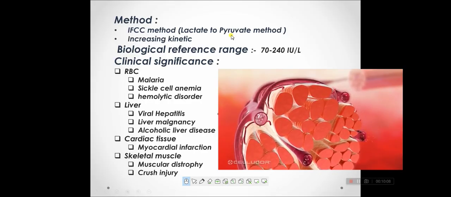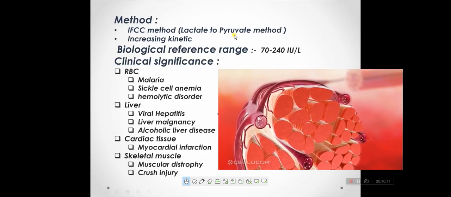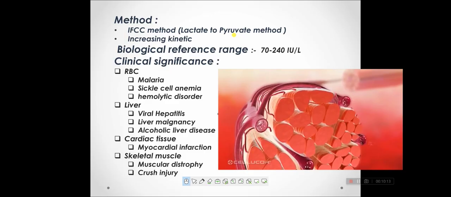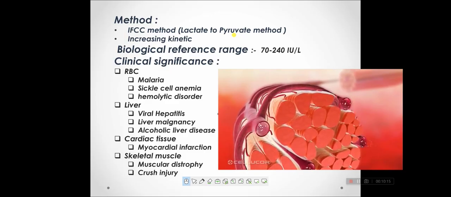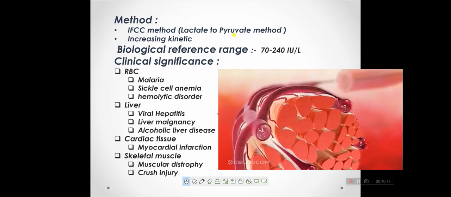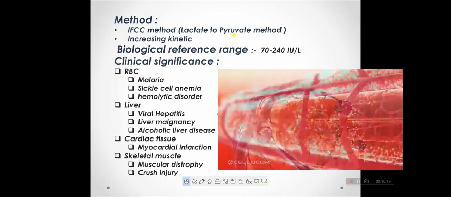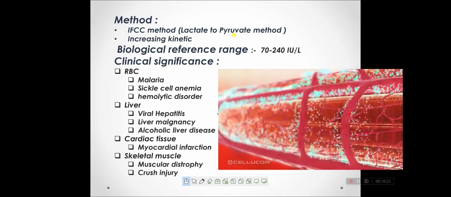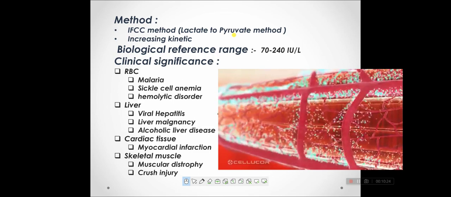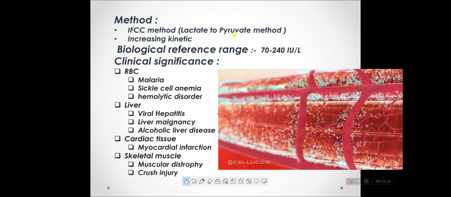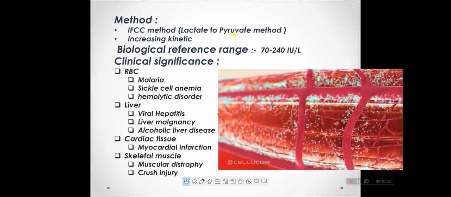The method to perform the LDH is the IFCC method, which is the lactate to pyruvate conversion method, and the increasing kinetic method. If we talk about the normal range of LDH, it is between 70 to 240 international units per liter. Right. What is the clinical significance?